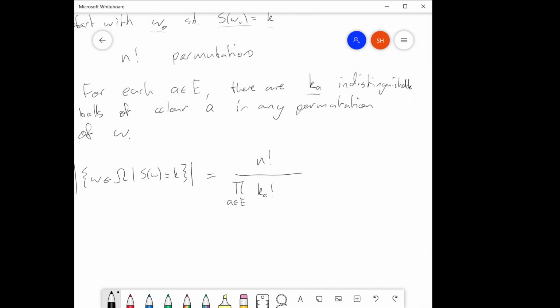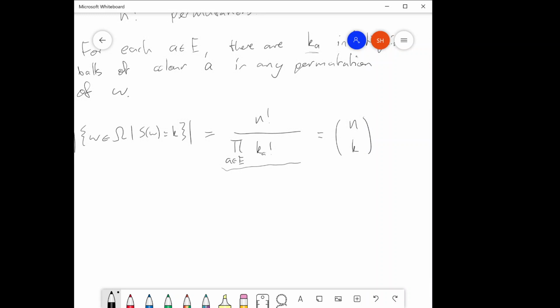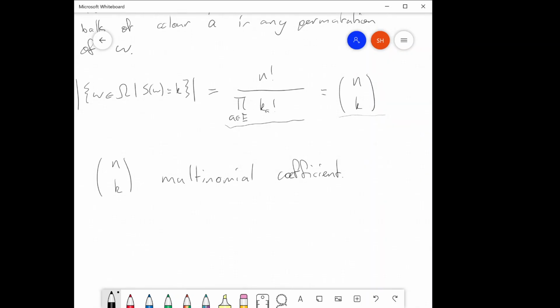We give this symbol a name. This is (n choose k), and it is called a multinomial coefficient. You've most likely seen the binomial coefficient before, where you take k to be a single number. Now k is a vector of numbers which add up to n.